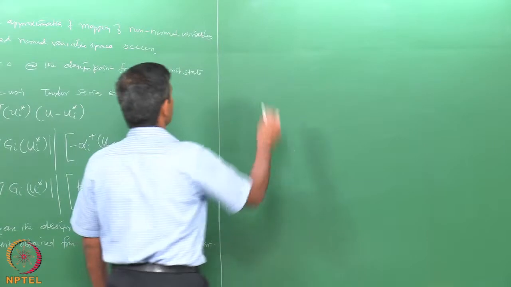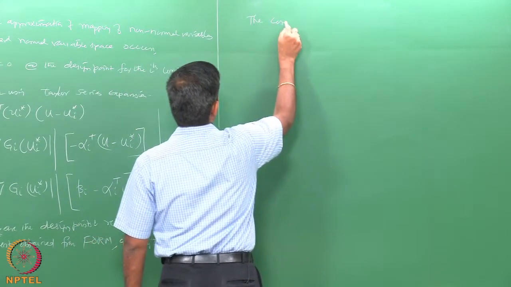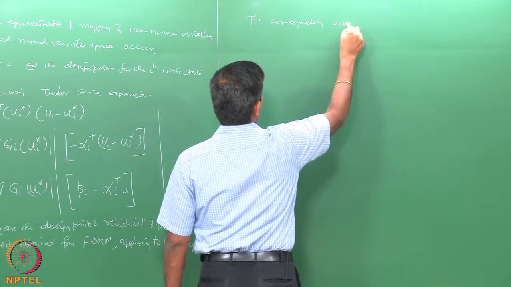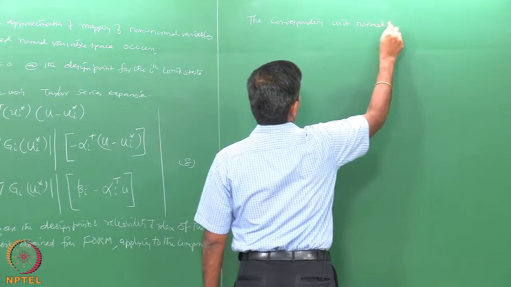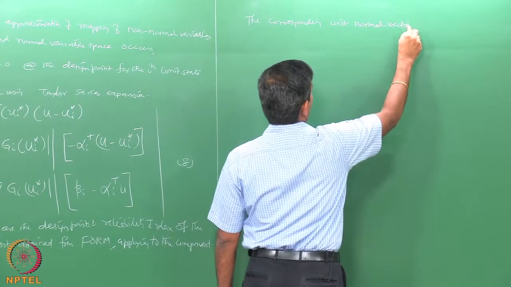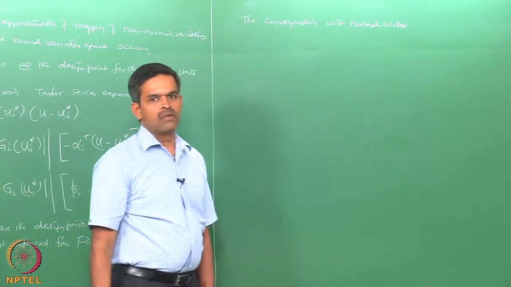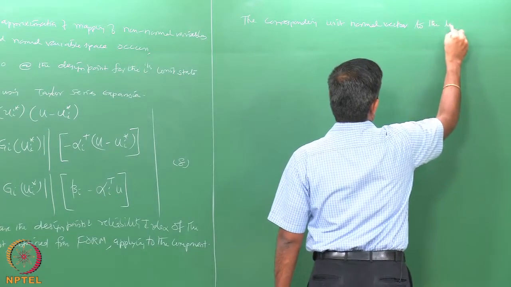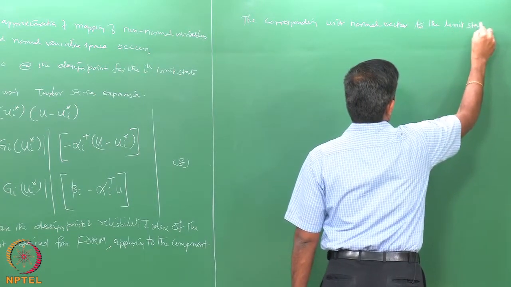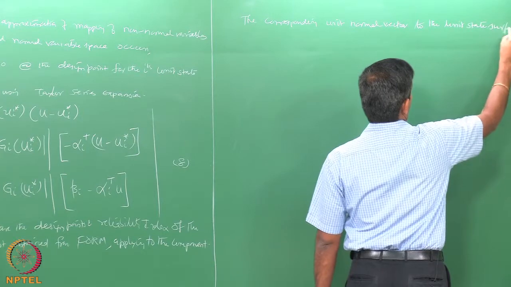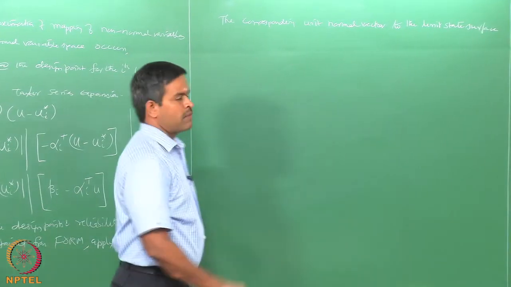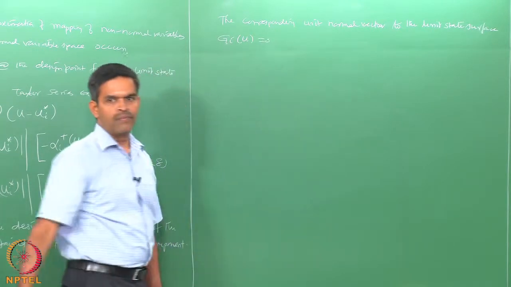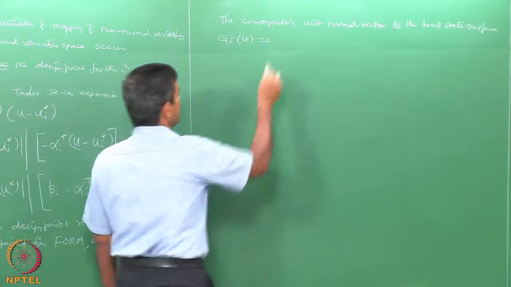The corresponding unit normal vector to the limit surface, the surface being G i of u set to 0 at u i star.